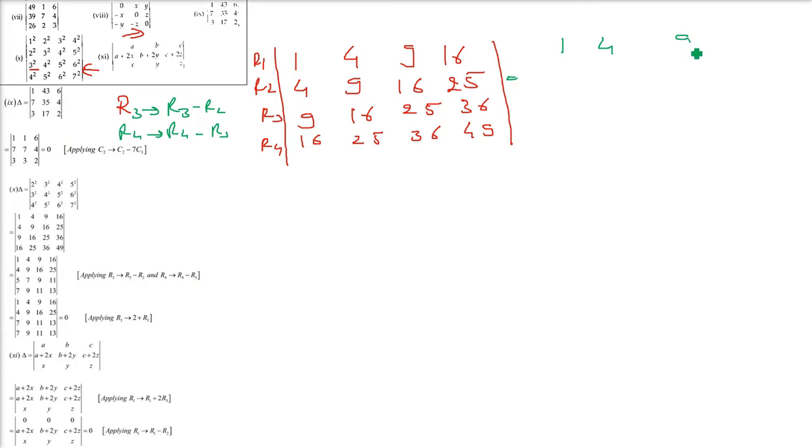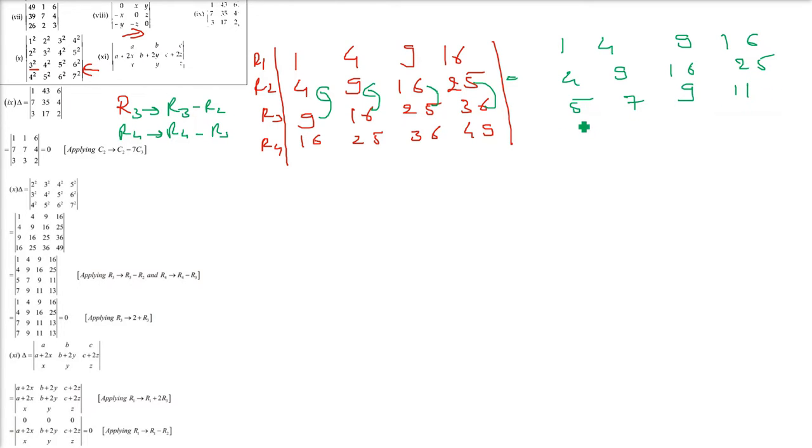So 1, 4, 9, 16 and 4, 9, 16, 25 will remain like that. And 9 minus 4 is 5, 16 minus 9 is 7, 25 minus 16 is 9, and 36 minus 25 is 11.